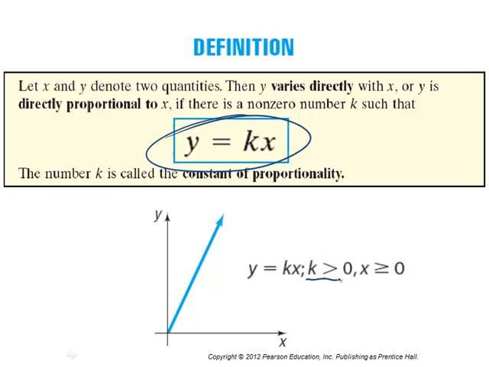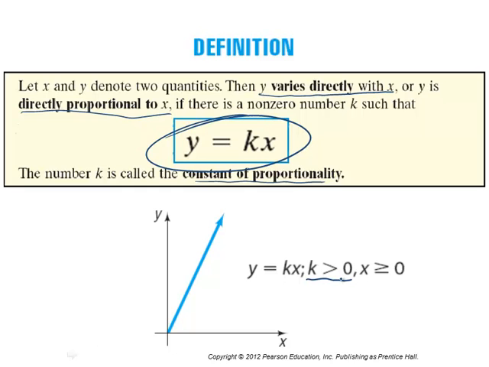Now, for the purpose of our discussion, let's just assume that k is positive. But whenever you can write y as a constant multiple of x, then we say that y varies directly with x, or that y is directly proportional to x. And k is called the constant of proportionality.